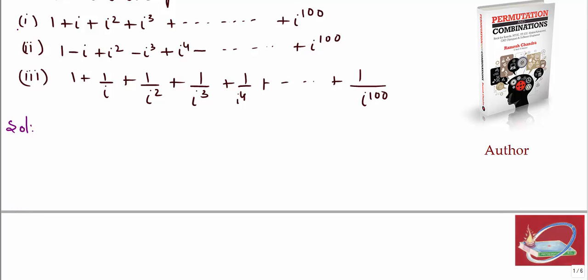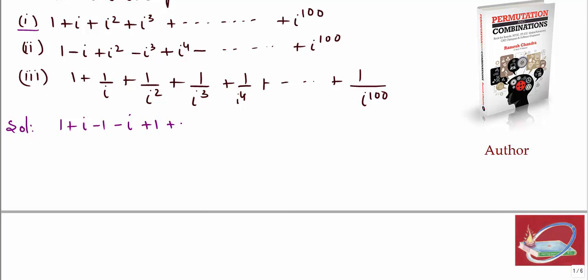Let us think of question number 1, first part, that is 1 plus I plus I square plus I cube up to I to the power 100. So what we are getting here is 1, plus I, I square is minus 1, I cube is minus I, so minus I to the power 4 will be 1.